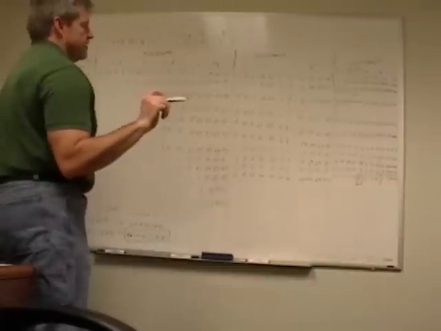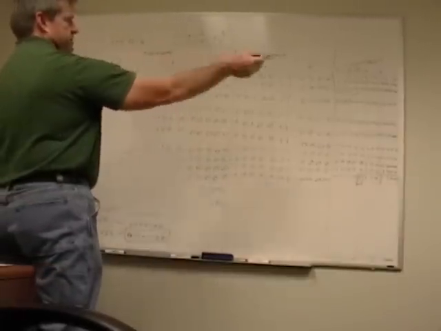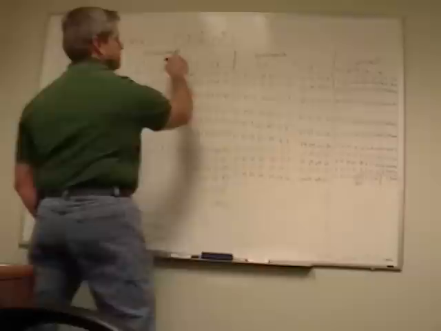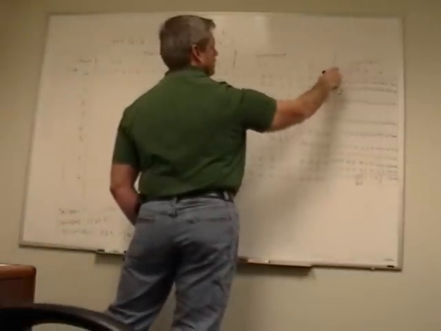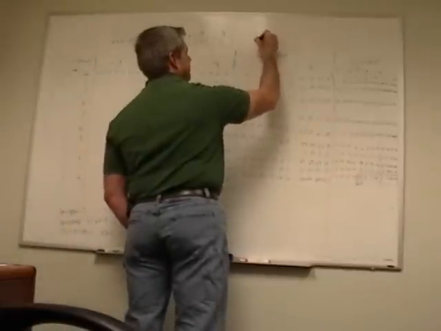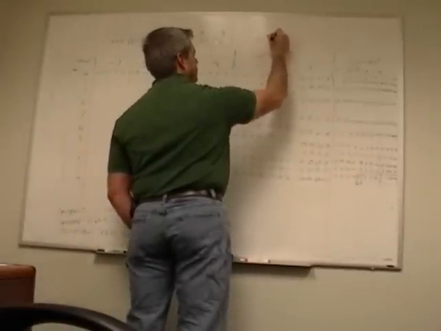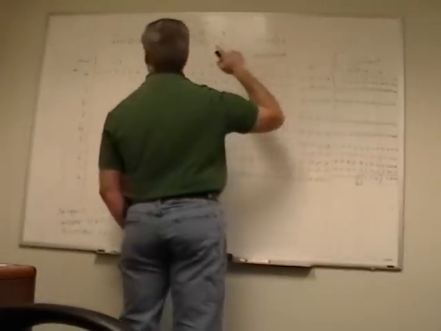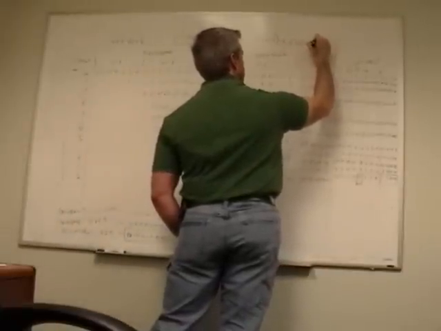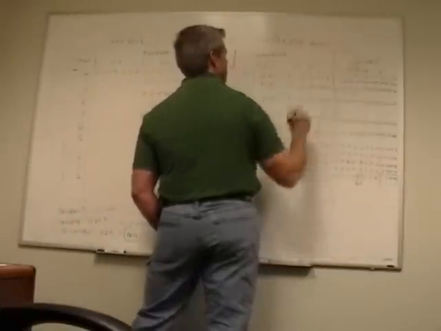We know that we need some bits for registers. So we need 1, 2, 3, 4, 5. We need 5, n-1 plus 1, 2, 3, 3q bits in our registers.